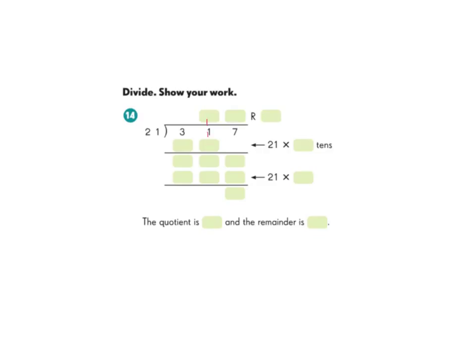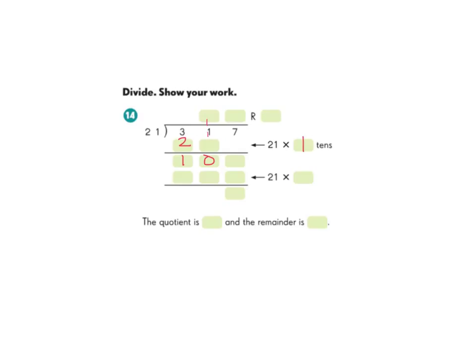Please note that I am placing the 1 in the tens column. As we're working with our hundreds and tens place, we're not using our ones place yet. 1 times 2 is 2. And now we can see that we have 21 times 10 in this column. Now we subtract, showing that we have 10 tens left over.